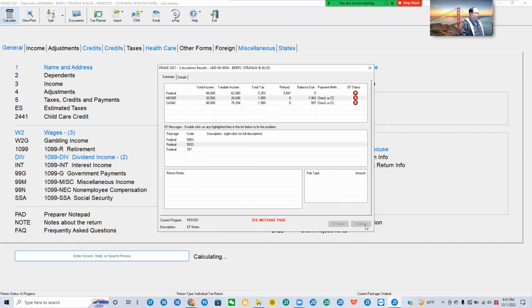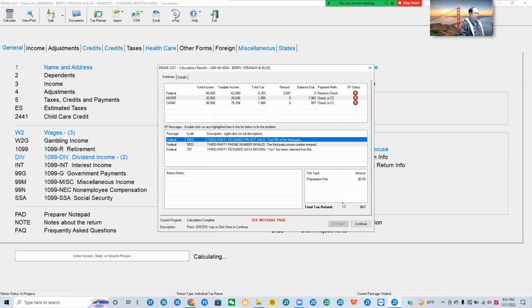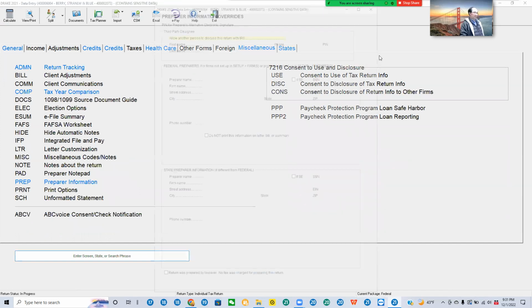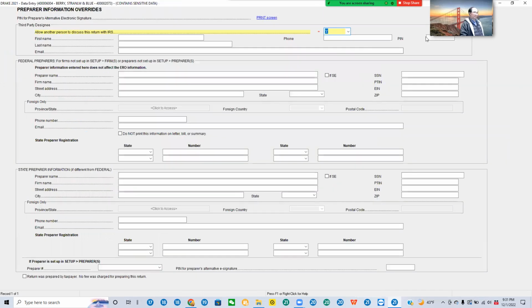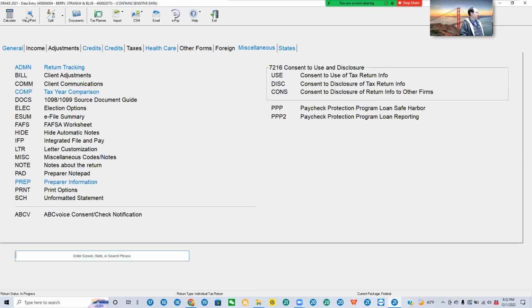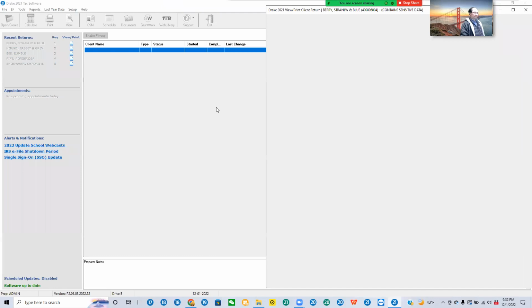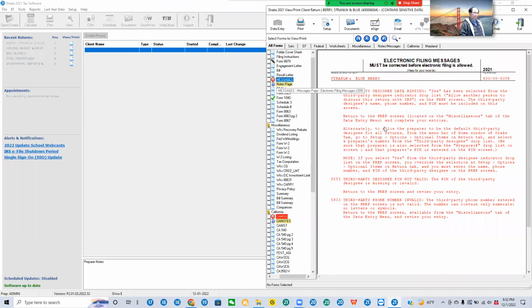Now, the third party one, I think I put in here in my... I'm going to fix that one, but that is fine.